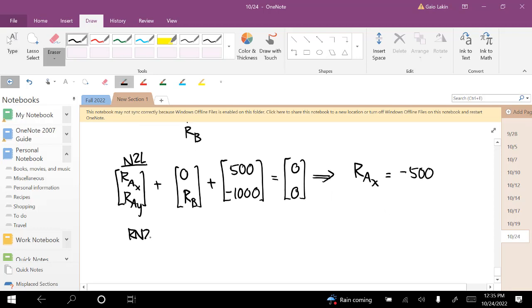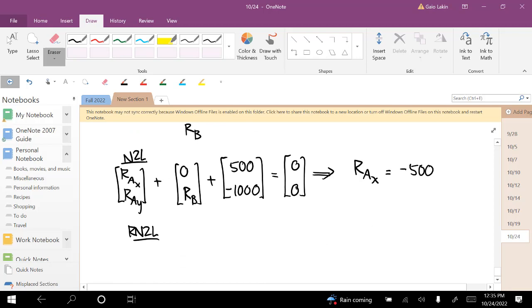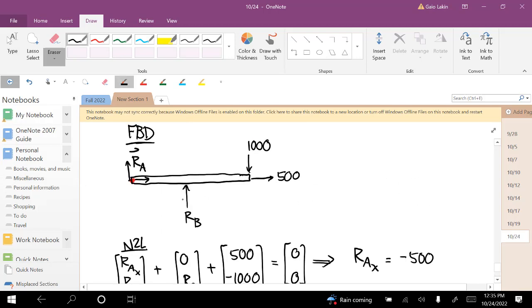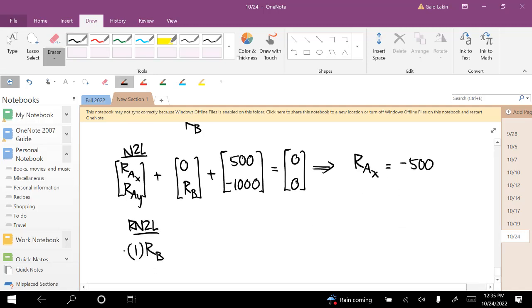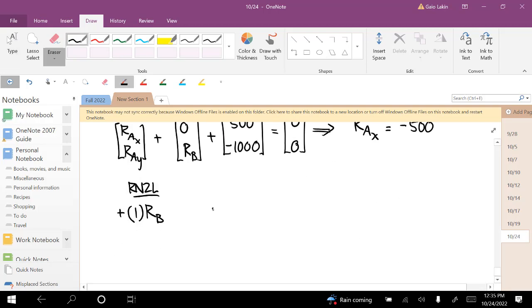And then the moment equation, that force RA doesn't produce a moment. The force RB has a moment arm of 1. And would that be a clockwise or counterclockwise rotation? Counterclockwise, so that's positive. The 500 doesn't produce a moment because its line of action goes through the pin, but the 1,000 has a moment arm of 2.